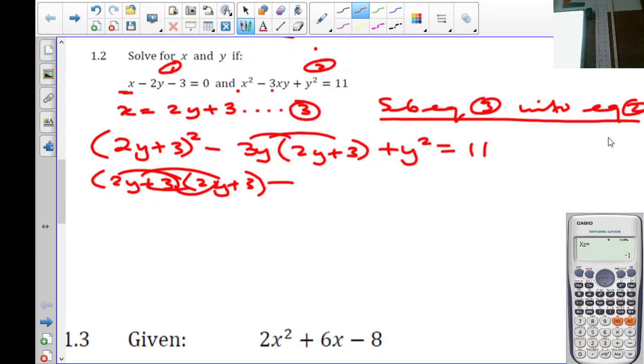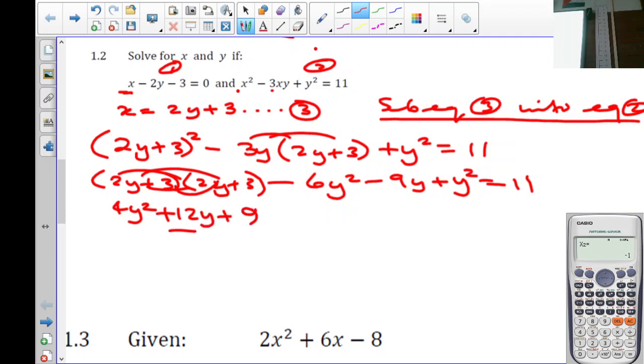multiply out there. So that is going to give you 6y squared minus 9y plus y squared is equal to 11. Multiply this out, I get 4y squared plus 6y, and this is going to give you another 6y, which gives you 12y plus 9, that is the mistake we made, minus 6y squared minus 9y plus y squared minus 11 equals 0.